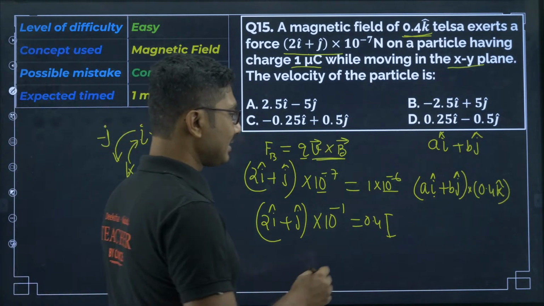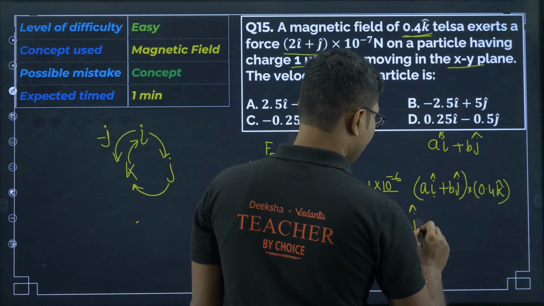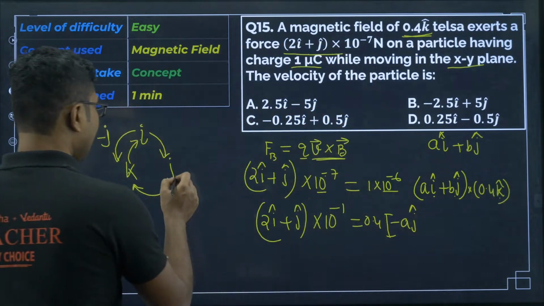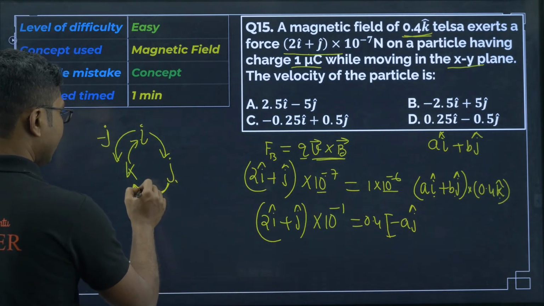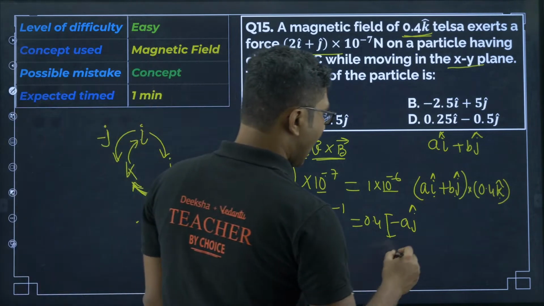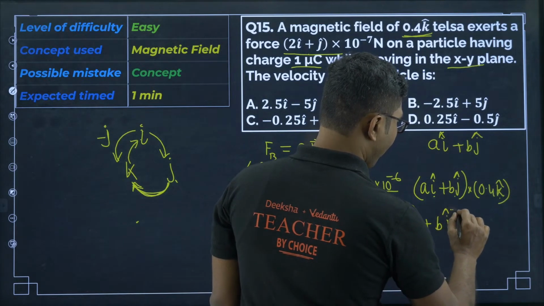So it will be minus A j cap, and plus j cross k. Now we are going in the original direction, so j cross k is i. So it will be B i cap.